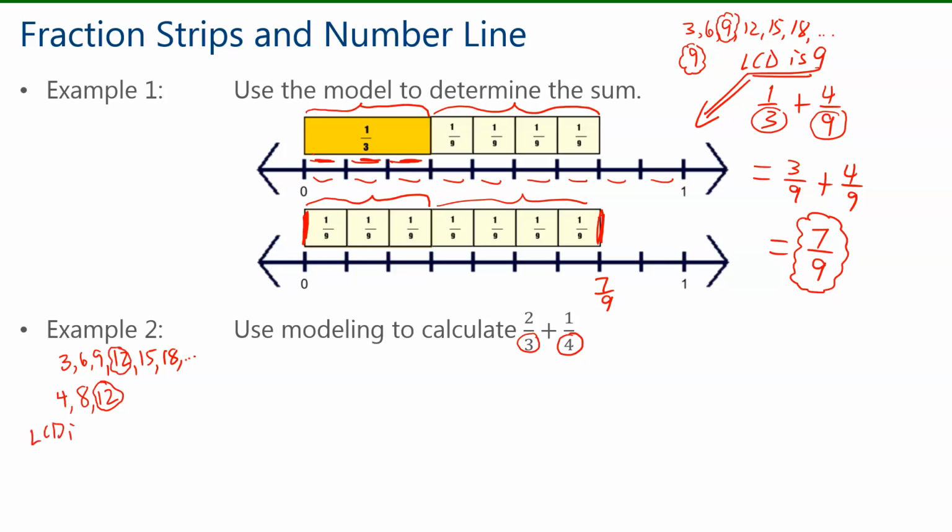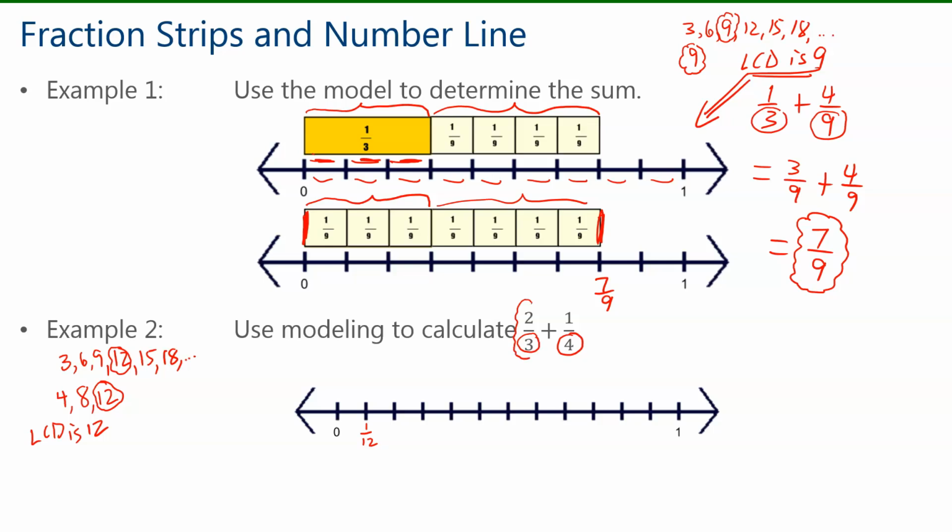So if the LCD is 12, that tells us we have to create a number line between 0 and 1 that's divided into 12 equal sections. So each little tick here represents a 12th. Okay, back to our fractions. 2/3.